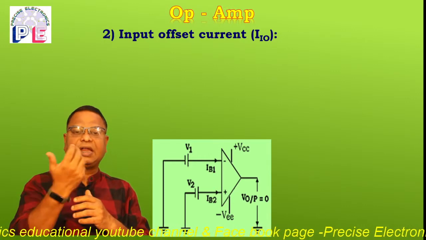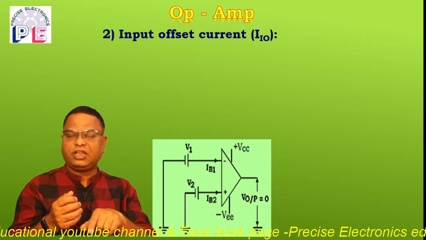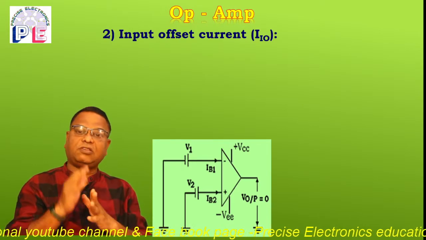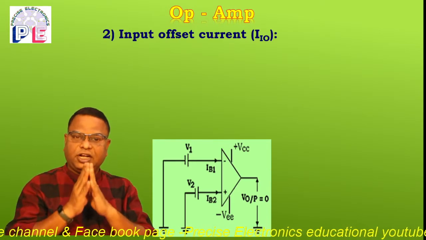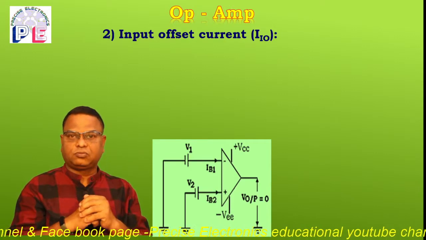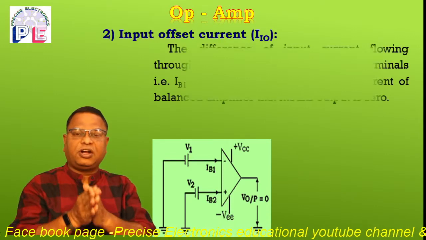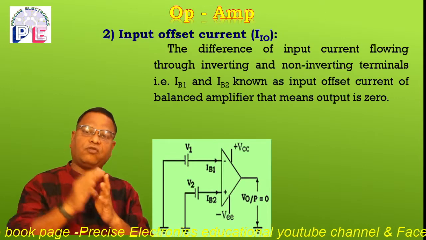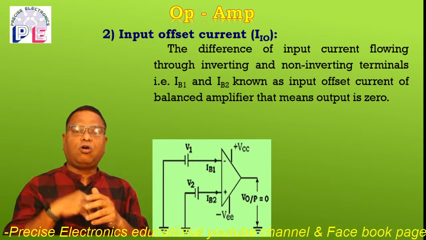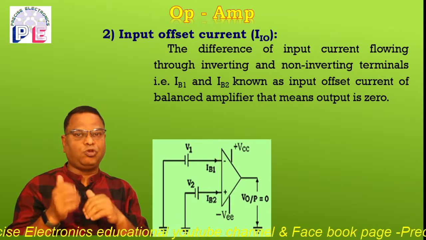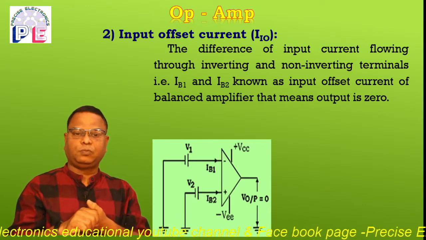Obviously IB1 and IB2 are the currents flowing through the inverting and non-inverting terminals respectively. So what is input offset current? It is the difference of the input currents flowing through the inverting and non-inverting input terminals of a balanced amplifier. So obviously the output will be 0.